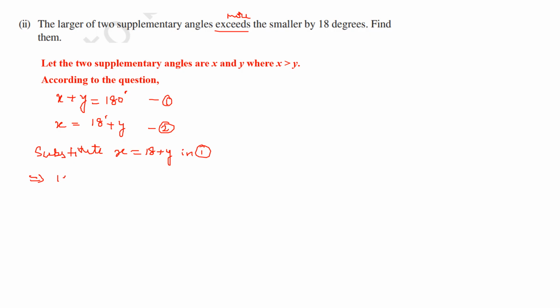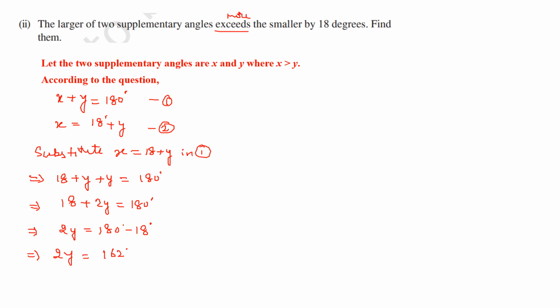You will get 18 plus y plus y equal to 180 degrees, which will give me 18 plus 2y equal to 180 degrees. So 2y will be equal to 180 degrees minus 18. So you will get the value of 2y as 162 degrees. So the value of y will be 162 divided by 2, which is 81 degrees.